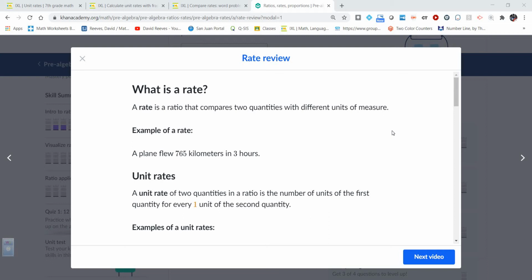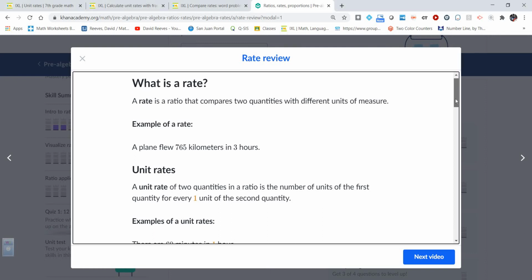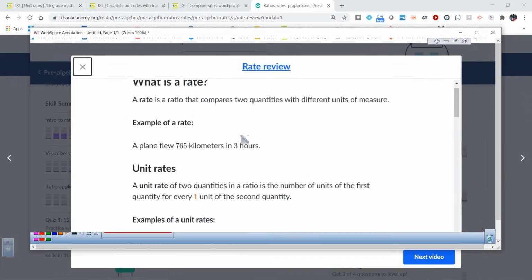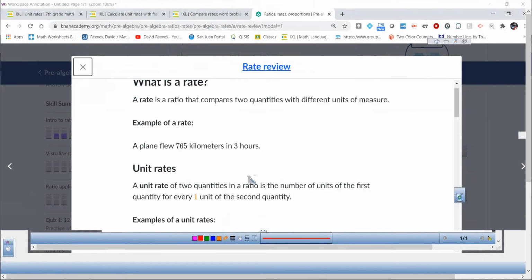A unit rate is two quantities in a ratio where the number of units of the first quantity is compared to 1 unit for the second quantity. All right, so for example, if we were to take this one right here, 765 in 3 hours, that would not be a unit rate because that second number is a 3, right?